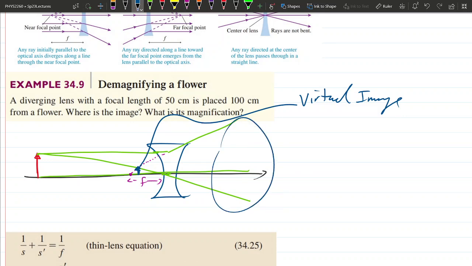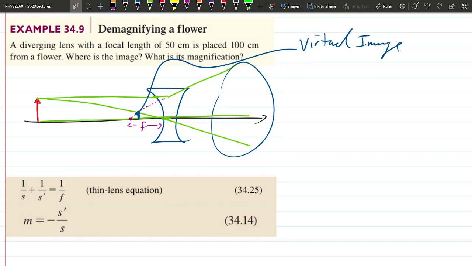These three lines never meet each other. But if you did this back tracing, this purple line and this green line actually meet at one spot. The image is actually not here. The image is actually in front of here, but much tinier. So that's why it's called a virtual image. And that's how you do the back tracing with these diverging lenses.